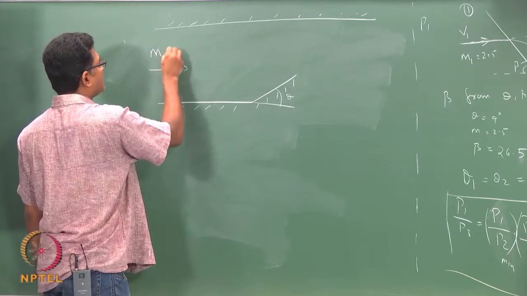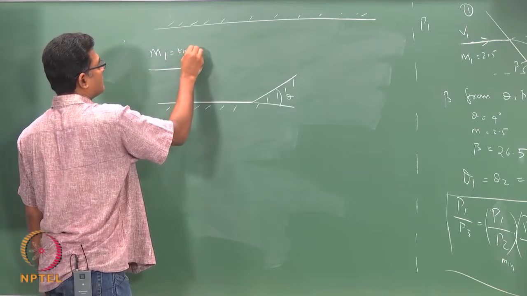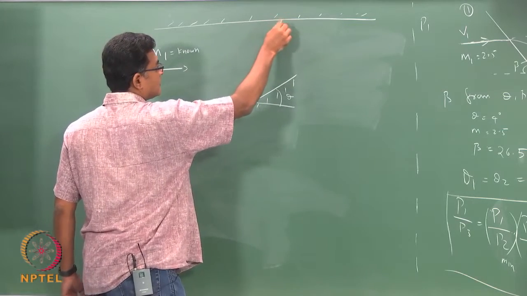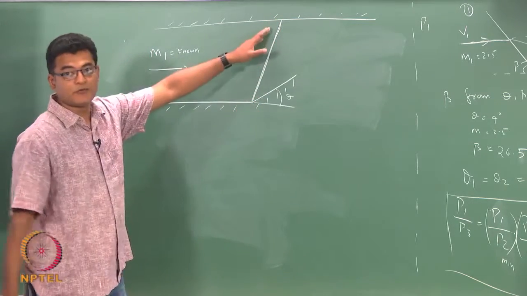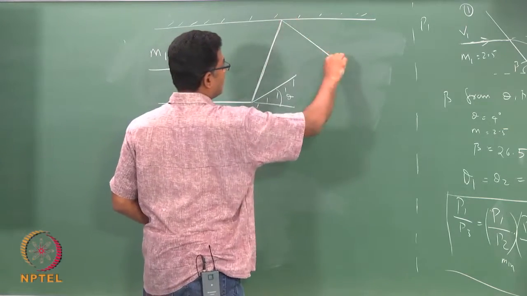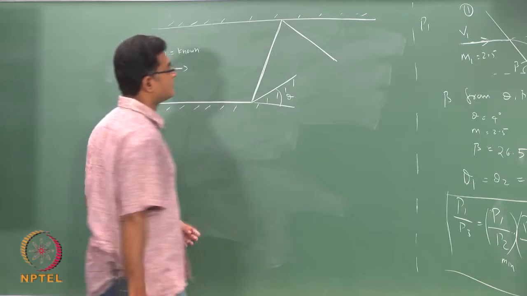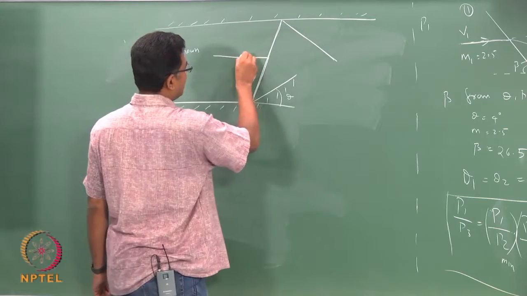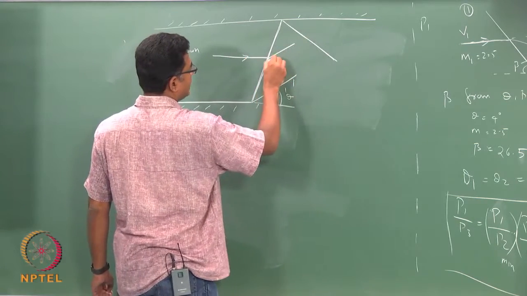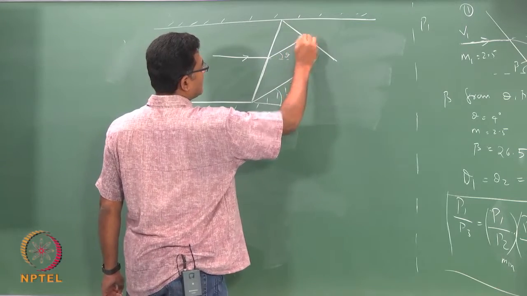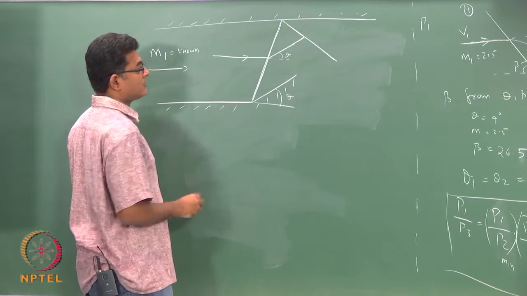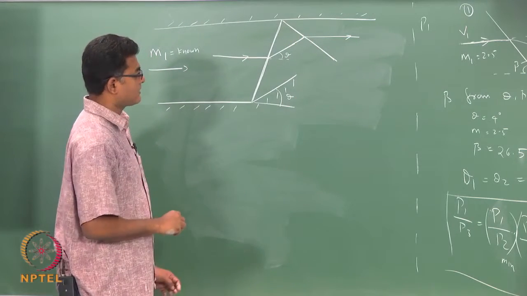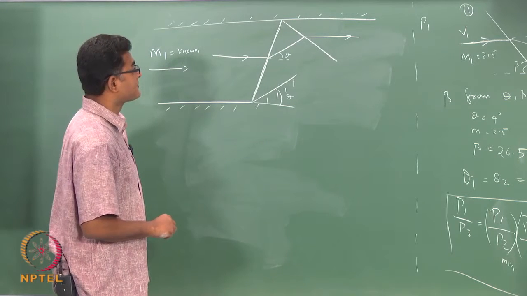I know my M1. So, it creates an oblique shock. It goes and hits the top wall and it reflects. So, this velocity vector turns by theta degrees, goes and hits the second reflected shock, then again turns back to the line parallel to your surface.